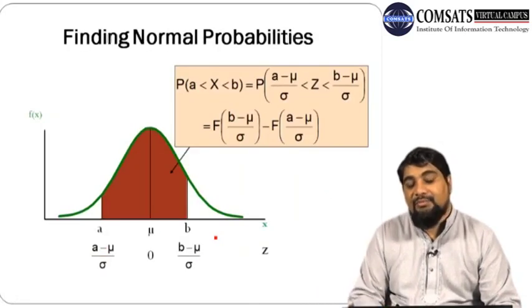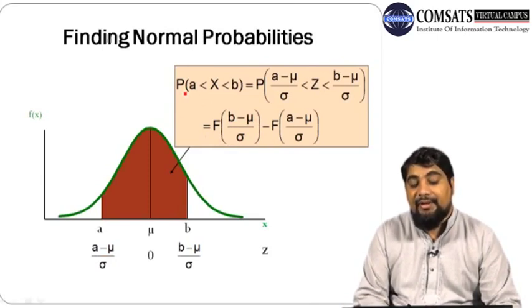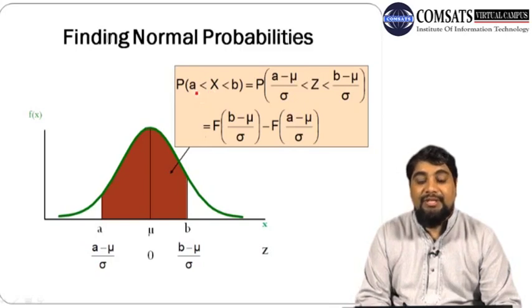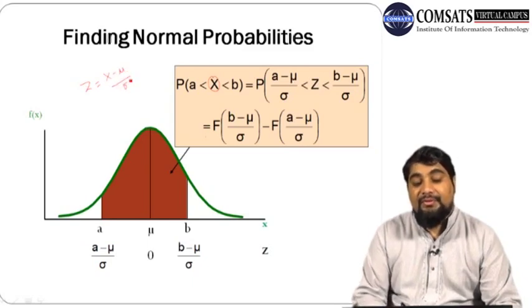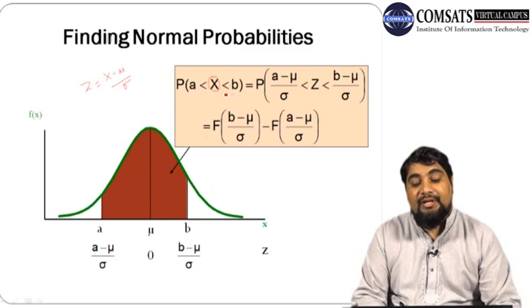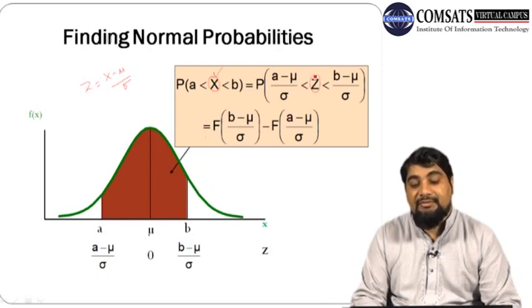So now, finding normal probabilities. Suppose we are interested in calculating the probability that random variable x lies between a and b. In terms of standardized units, we know that the standardized random variable is z, which is x minus mu over sigma. So we can write the same question in terms of random variable z. Instead of using random variable x, we can use random variable z.